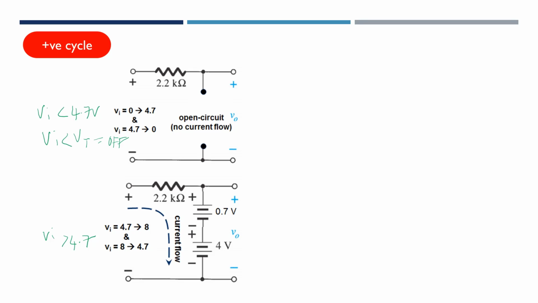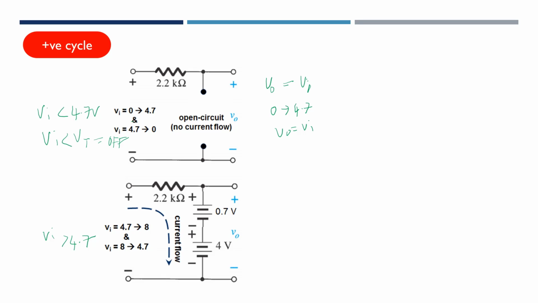So our circuit will be like this, an open circuit. So how about the V out? Since it's a parallel, our V out is equal to our VI. So whatever the value of the VI from 0 to 4.7, the V out is equal to the VI.